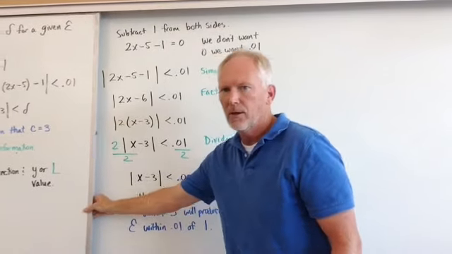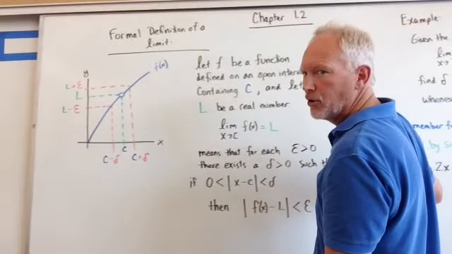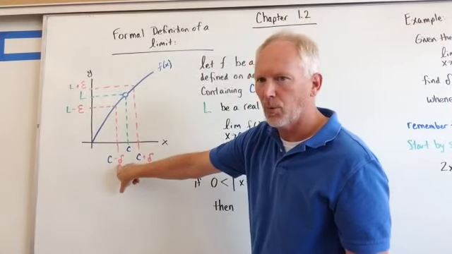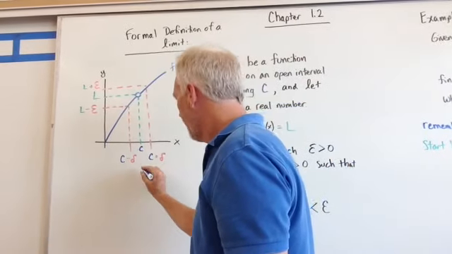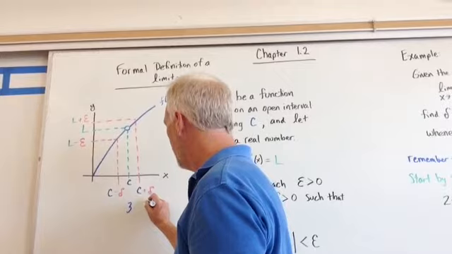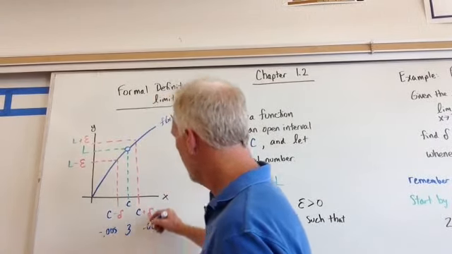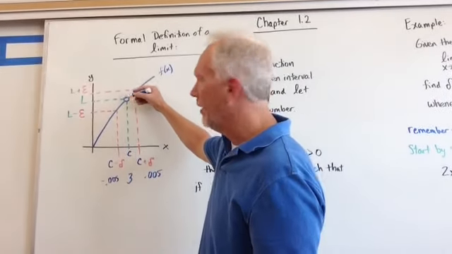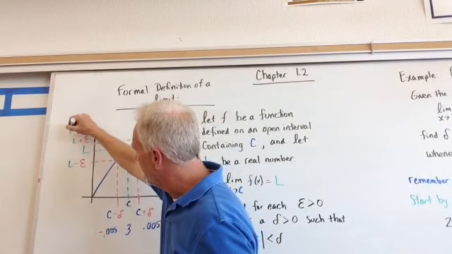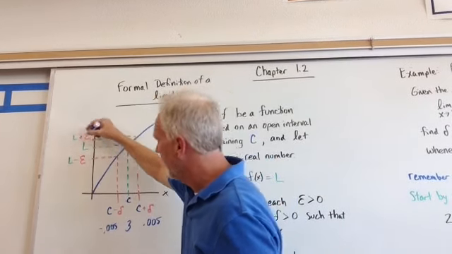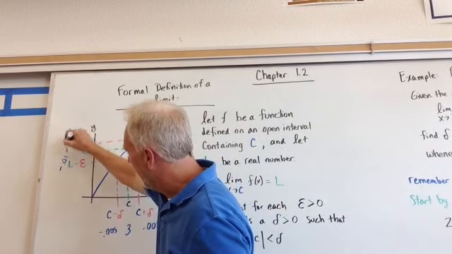So to go back to our original picture, those delta values were 0.005. We had 3 here, and we put 3 plus 0.005 and 3 minus 0.005. Those numbers will go up and create y values within 0.01 of 1. So we had a plus 0.01 and a minus 0.01 around an L value of 1.